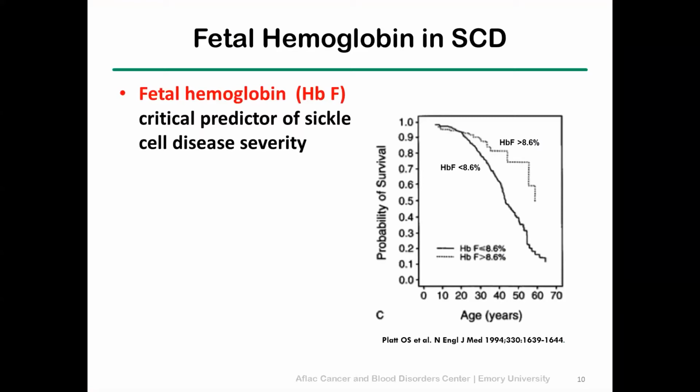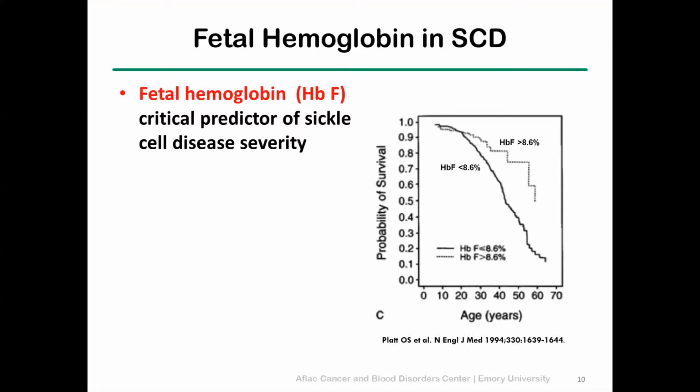But in sickle cell disease, most individuals have, to some degree, elevated levels of fetal hemoglobin. And it turns out that fetal hemoglobin is the good guy, because it helps make the red cells healthier, in part because it interferes and blocks the sickling.